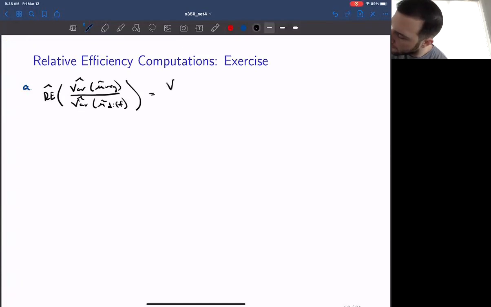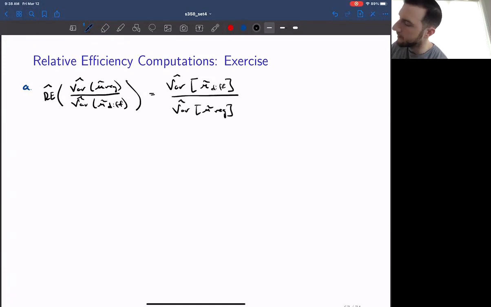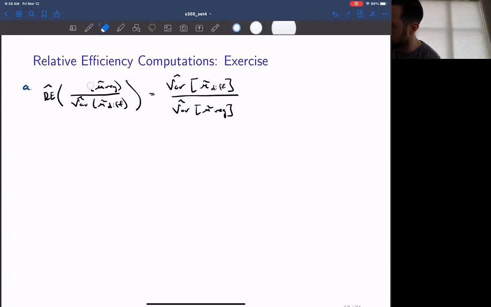Okay, so this is going to be the variance of mu tilde diff divided by the variance of mu tilde reg. Oh, sorry, and I don't need the variances in here. I just need the estimators.